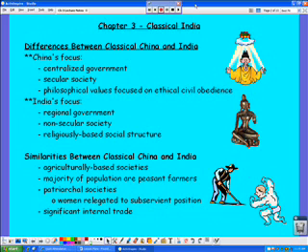Is this an important comparison? No, because almost every society is patriarchal. So what do we have that's important? Significant internal trade. Not necessarily.